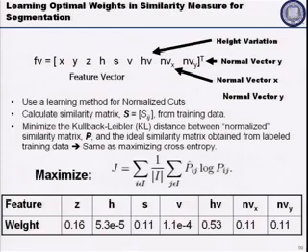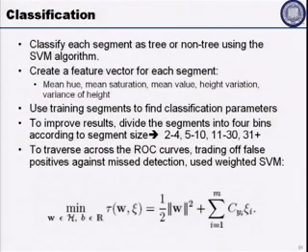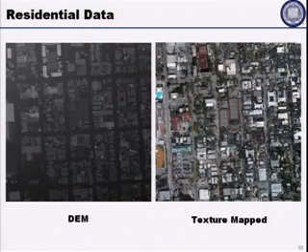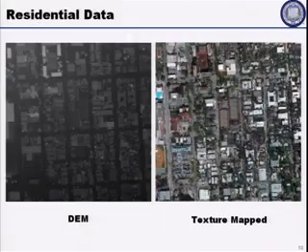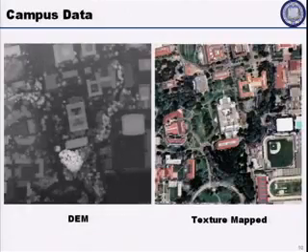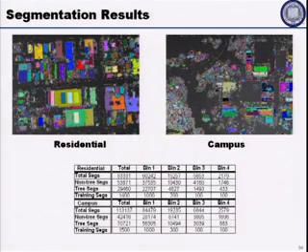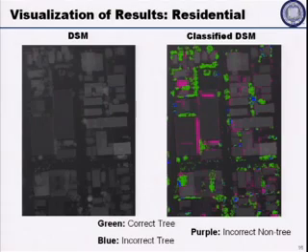So as it turns out, you apply the normalized cut technique, and you find out that height variation is just about the most important feature in the segmentation process. Then you do support vector machine classification, and you start with the LIDAR and airborne data, texture mapped. That was for a residential region, and that's for campus. This is the result of your segmentation, and this is the final result of tree detection.